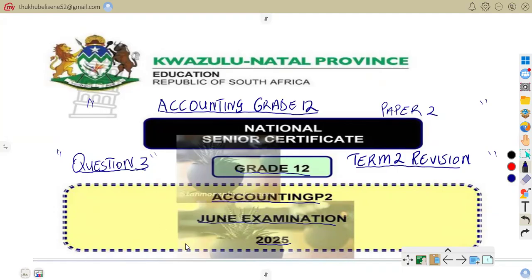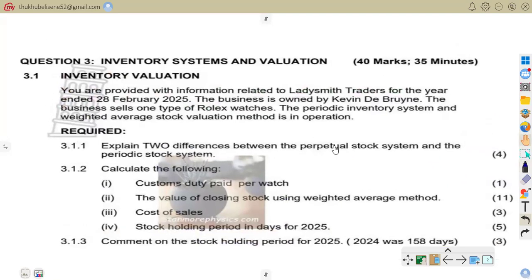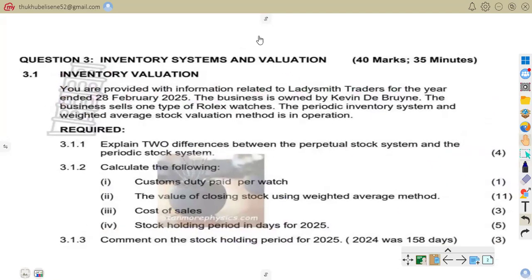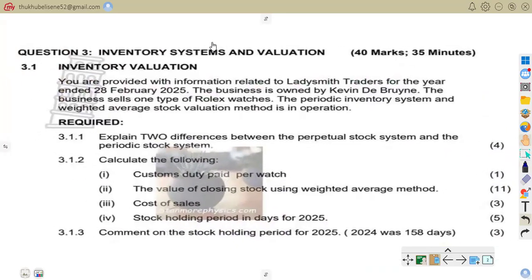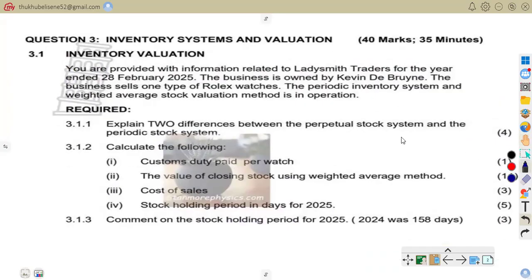It is all about inventory system and valuation.